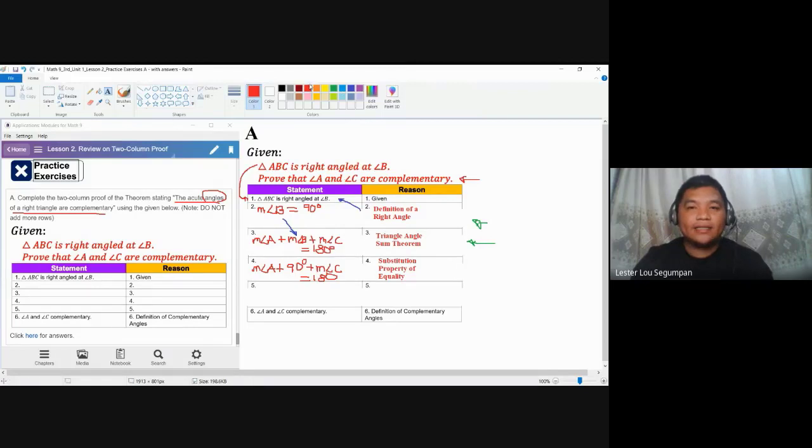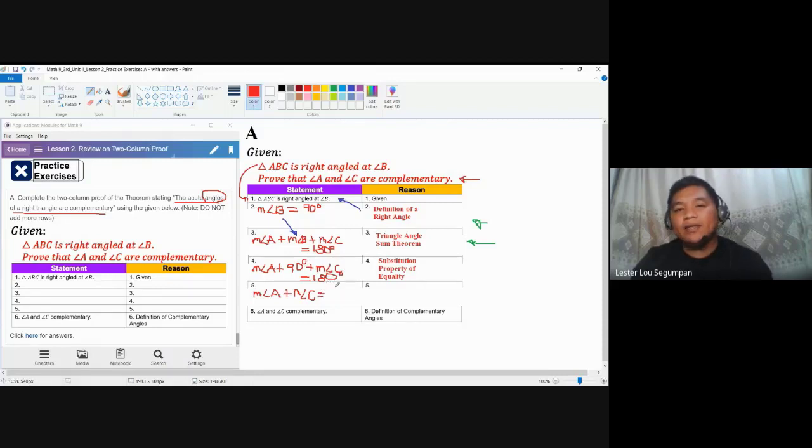And what is the next step here? We could remove 90, or subtract 90 from both sides, right? And then we come up with a situation: the measurement of angle A, remove 90, subtract 90, so that would be removed. We are left with the measurement of angle C. As we also subtract 90 degrees here, we should also subtract 90 degrees here.